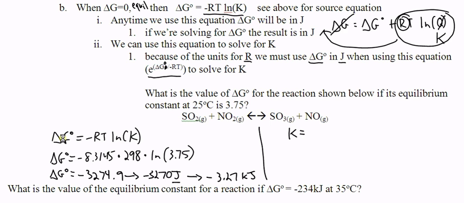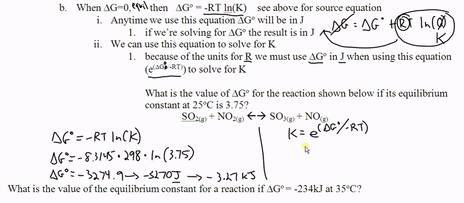So it's basically algebraically manipulating this equation so that it solves for K instead of solving for change in standard free energy. And the way that this works is we're going to have the value E raised to the quantity delta G, right? So standard free energy divided by negative RT.